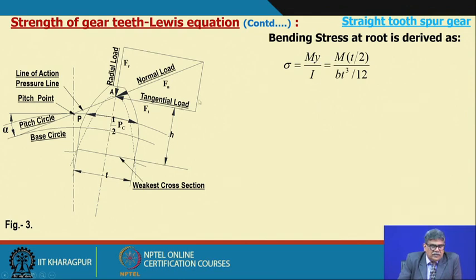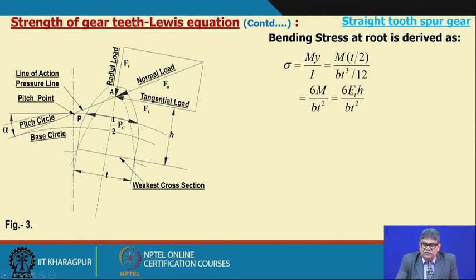Now, this y must be equal to t by 2, whereas the area moment of inertia of this area about the neutral axis is b t cube by 12. So, this becomes 6 M by b t square.